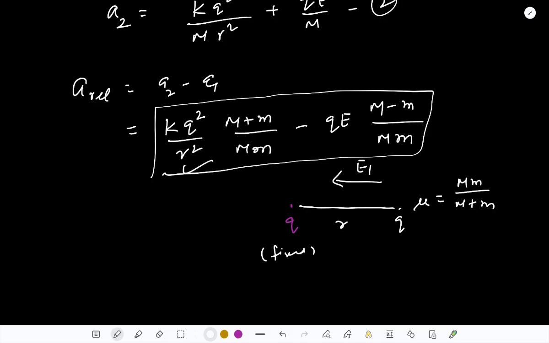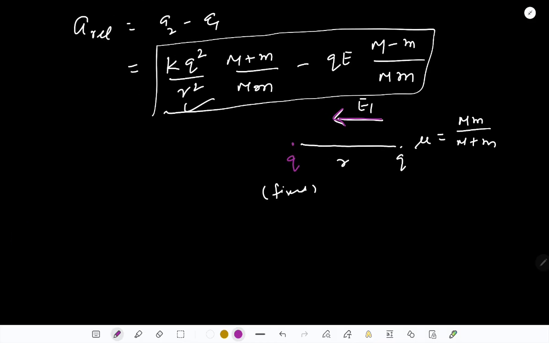It is moving in the field of a stationary point charge q that you can see here, and in a uniform electric field E1 in this direction, and this E1 has a magnitude equal to E times M minus m by M plus m.